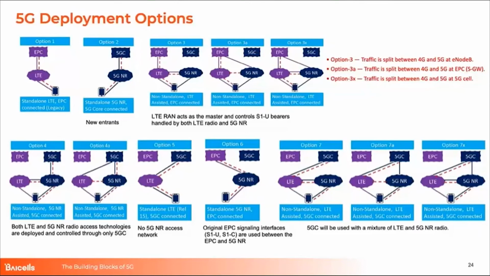Or you can have cloud EPC, or you can have your own cloud EPC. So we have different ways of deploying EPC, and it's all 3GPP compliant, so you can connect it to any vendor's EPC. It doesn't have to be Baicells.